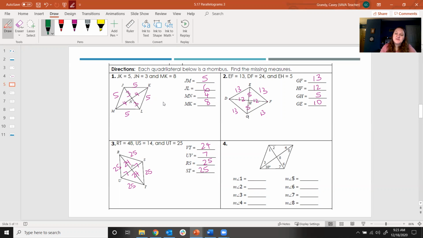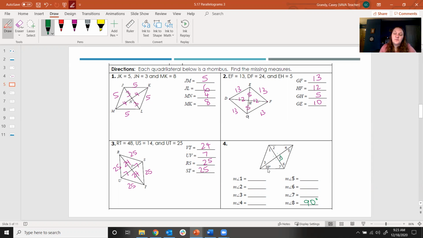Okay, so in a rhombus, diagonals will always bisect each other, but they also are perpendicular. So that means that when they cross each other, they're making a 90-degree angle. So now I immediately know angle 8, which also tells me this angle, and this angle, they're all going to be 90.